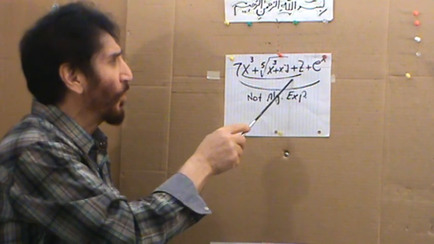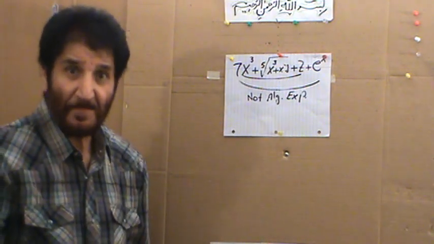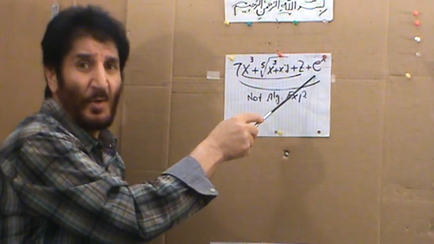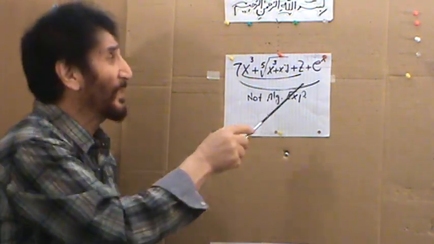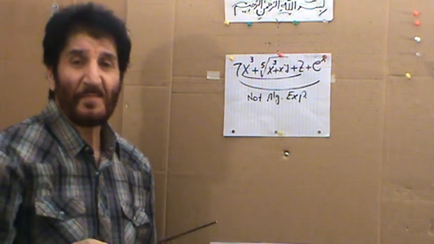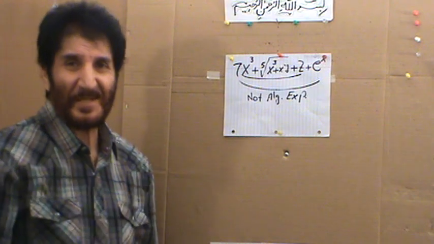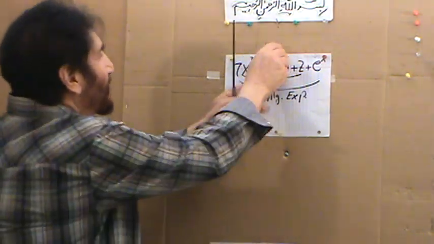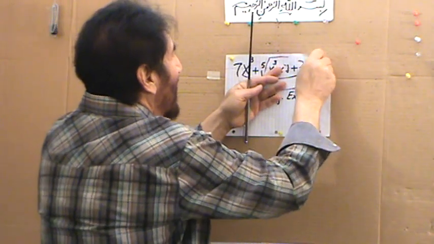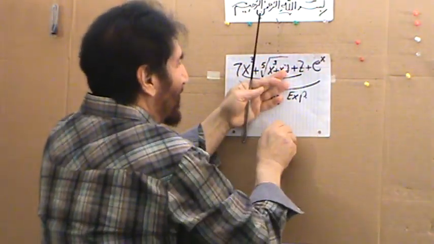The first 4 terms represent an algebraic expression, but the last one, e to the x, is not algebraic. Therefore, the entire expression is not an algebraic expression, because one of the terms is not. You follow me? Okay. So we know what is an algebraic expression and what is not.